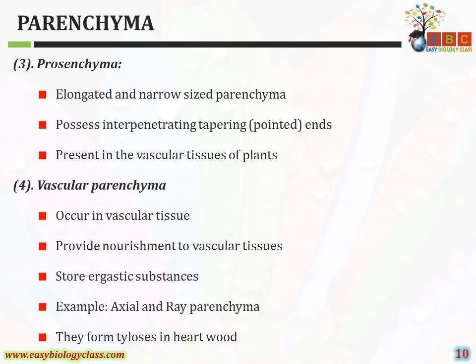Now, the vascular parenchyma occurs in the vascular tissues. They provide nourishment to the vascular tissues. They store ergastic substances, for example the axial and ray parenchyma. They form tyloses in heartwood. Tyloses are projections of cells into other cells.